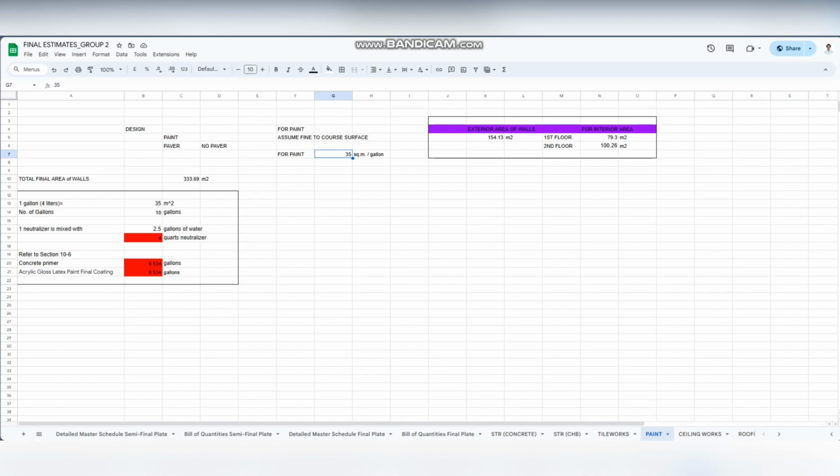So we get 9.53, or 10 gallons for concrete primer, and for the number of gallons for paint, 10. So this is just what we need for the paint. Basically this is just similar. So that is it.